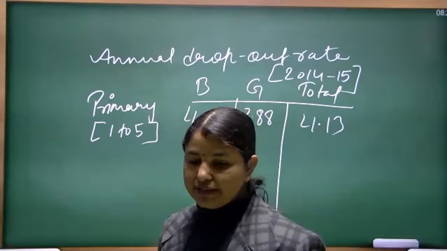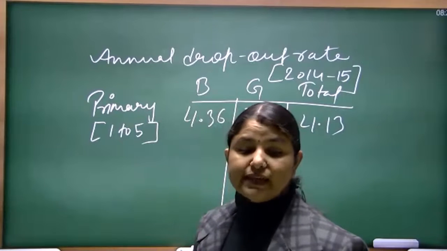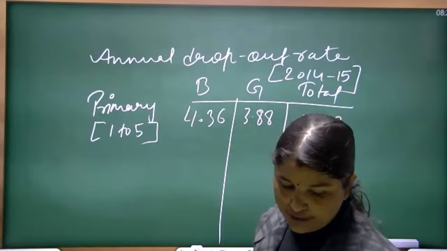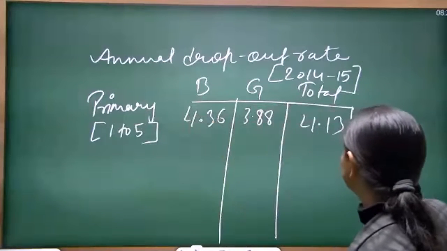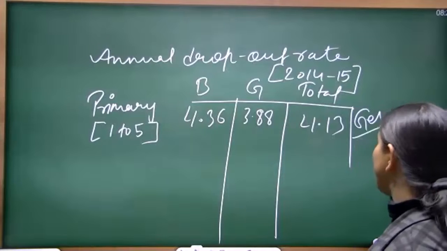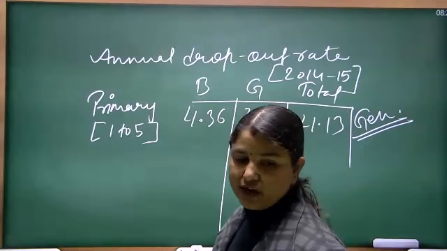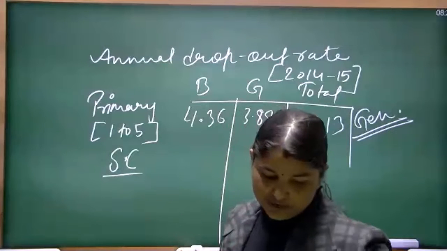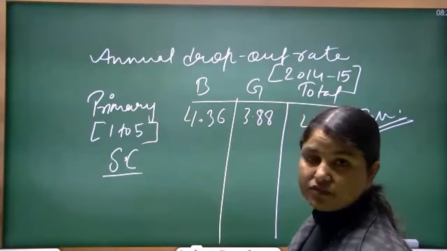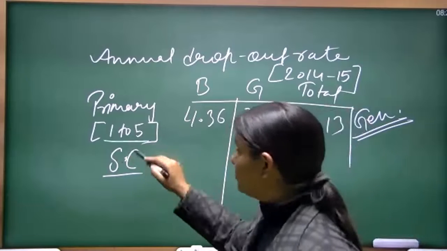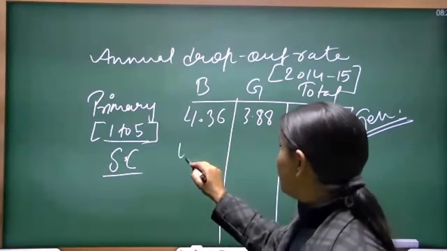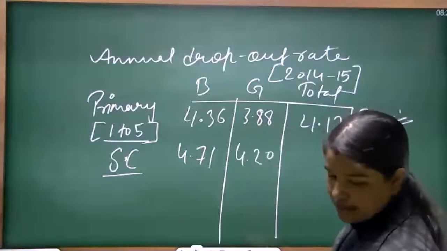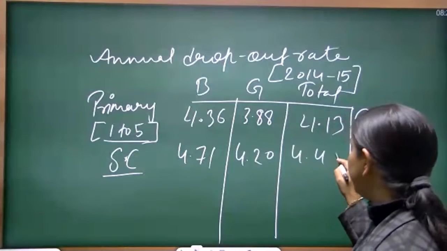Dropout means they leave the school, they are not continuing with their studies. This is the data of the general category, the total of all. But if you see the data of SC, scheduled caste, boys who left the school in class 1st to 5th is 4.71, girls 4.20, and total 4.46.